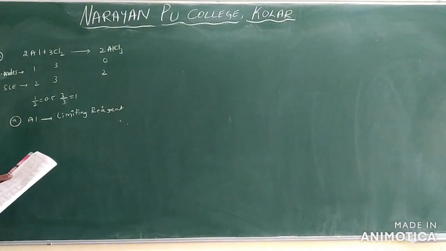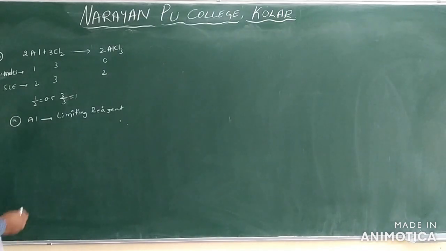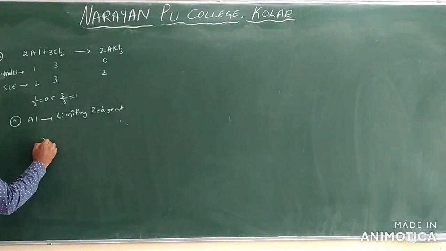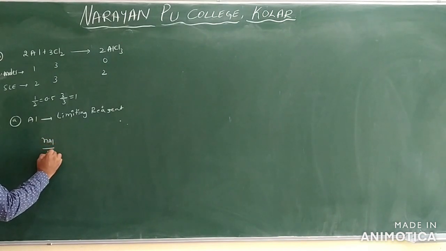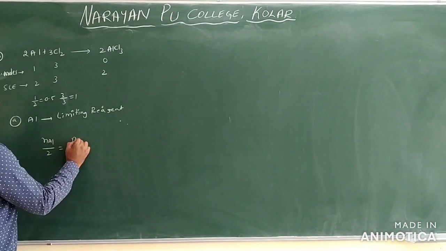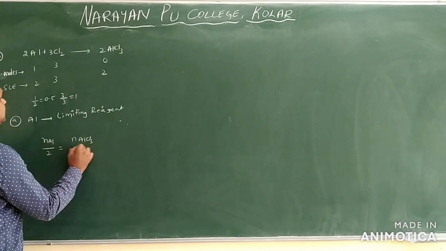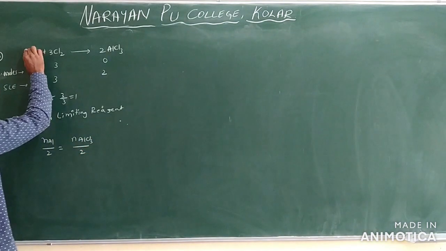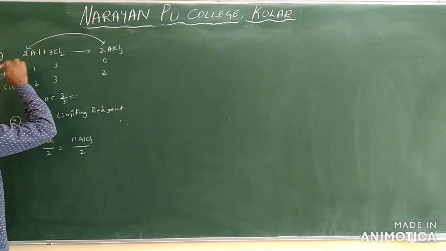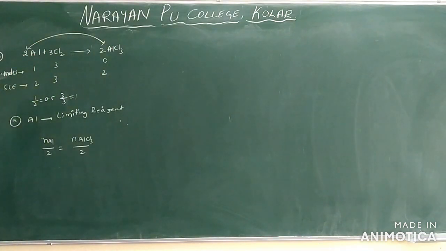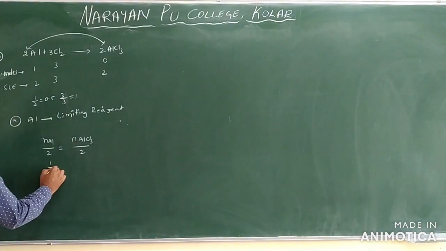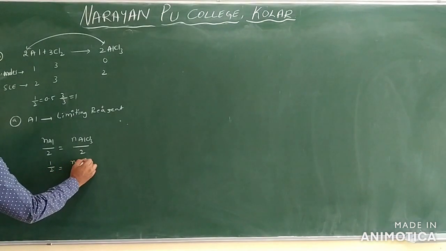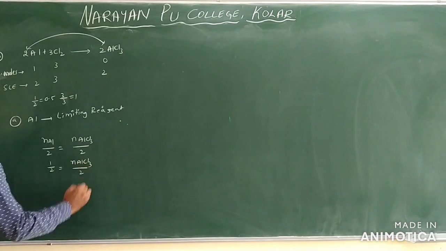Now they are asking how many moles of AlCl3 are formed. Number of moles of Al by its stoichiometric quotient 2 is equal to number of moles of AlCl3 by its stoichiometric quotient 2, because I want to compare these two, as AlCl3 is the product. So number of moles of Al we have is 1, so 1 by 2 is equal to number of moles of AlCl3 by 2.